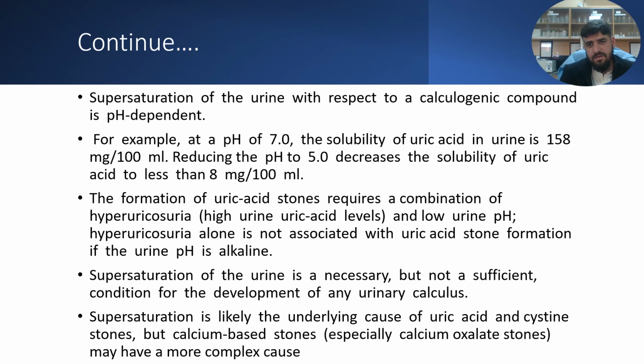Similarly, supersaturation of the urine is a necessary but not sufficient condition for the development of urinary calculus. Supersaturation is likely the underlying cause of uric acid and cystine stone, but calcium-based stone, especially calcium oxalate stones, may have more complex causes.